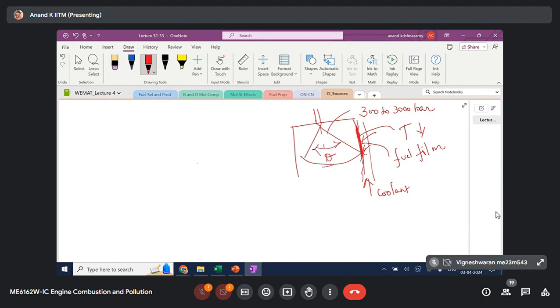When the fuel forms a film, what problem will be encountered in terms of HC formation? Here, on the other side also, you have coolant. So this is a wall region. It may form a film. What problem will be encountered if the fuel film is formed?